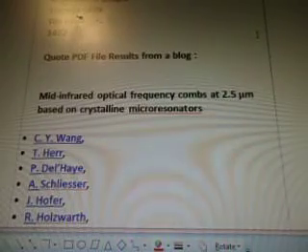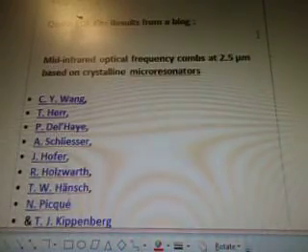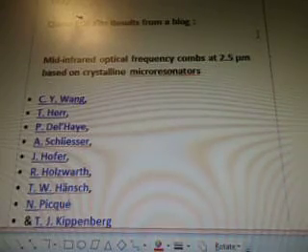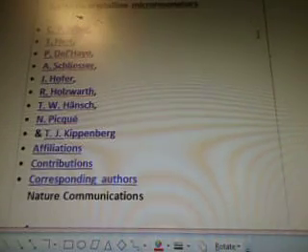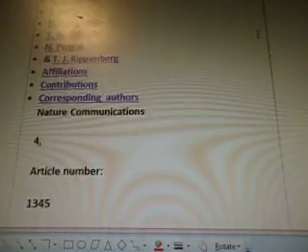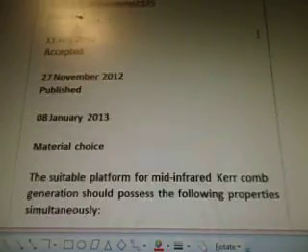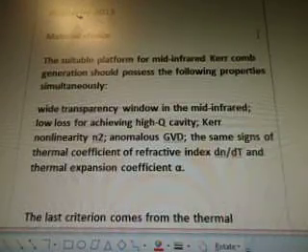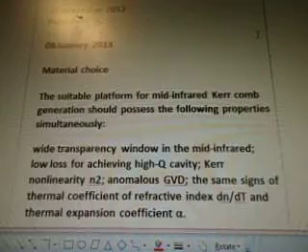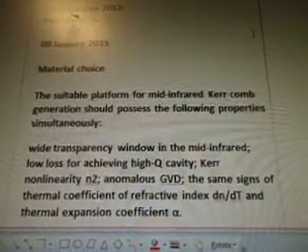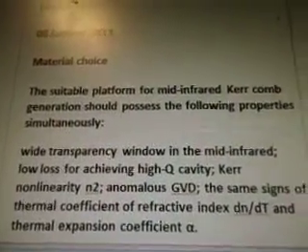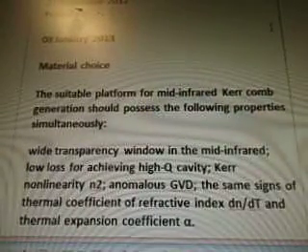So I'm quoting from a blog. This was the original scientist that worked on this PDF file. From Nature Communications, January 2013, material choice. The suitable platform for mid-infrared Kerr comb generation should possess the following properties simultaneously.